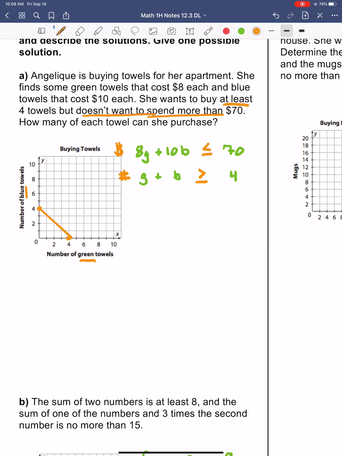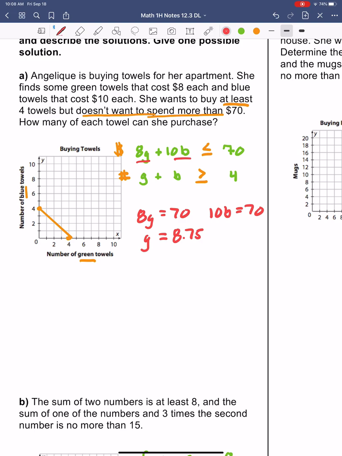Next, I'm going to find the intercepts for these pieces here. Those equations would look like this: 8G equals 70, and 10B equals 70. Then divide both sides by 8 for this one, and that gives me G equals 8.75.